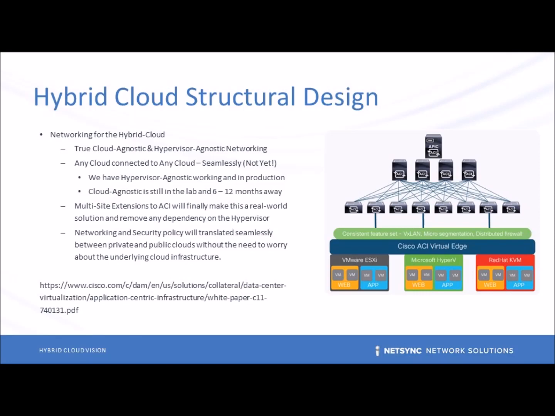If you're using Hyper-V, that's fine too. If you're using Red Hat virtualization, that's fine. Any of the major ones, KVM, is Red Hat virtualization. Yeah, there you go. Any of those will work just fine because ACI is interested in providing the virtualized networking, providing security, and providing access to the various clouds.